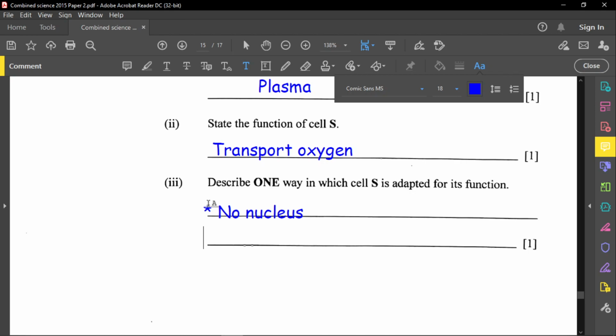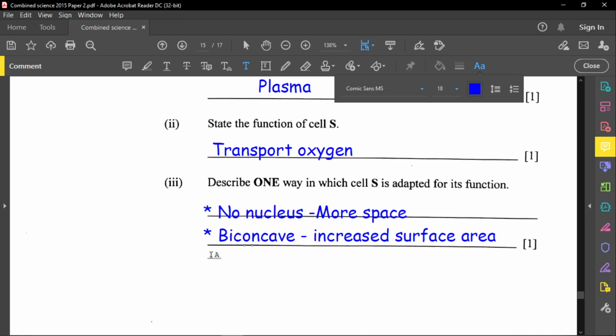Another one here is that it is biconcave, and being biconcave gives an increased surface area. So let's just say right here, increased surface area. No nucleus simply means it has more space in it, so I'll put more space, more space to transport oxygen.